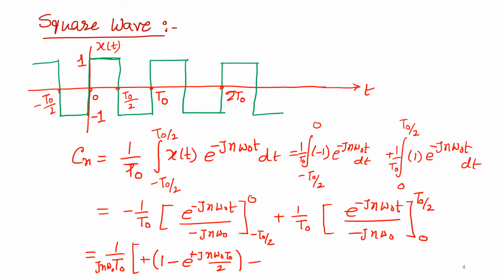And the next one is with a minus sign, because here it is minus, which I have taken care of. The first one is e to the power minus j n omega naught t naught by 2, and then it is minus 1.